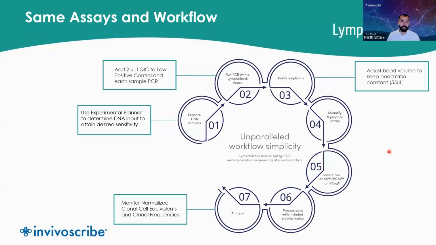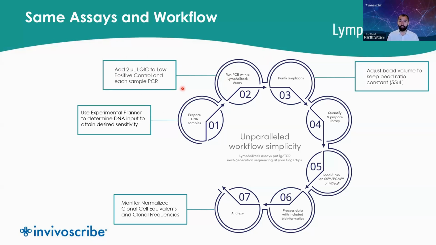How the LymphoTrack assay adapts residual disease detection: we use the same assay and the same workflow as LymphoTrack clonality testing. We simply add a few different changes to make that detection easier. So the first thing is we have a completely brand new software that has an experiment planner tool to help you get the level of sensitivity that you want to achieve. In the laboratory, there's only one wet lab change, which is to add a new LymphoQuant internal control.